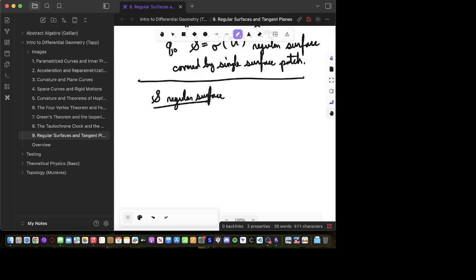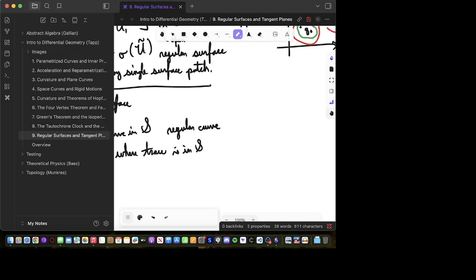Let's say S is a regular surface. A regular curve in S is a regular curve in R3 where the trace is in S.